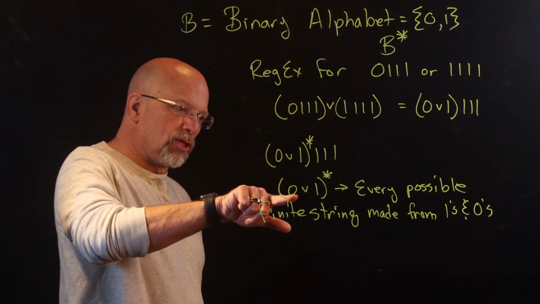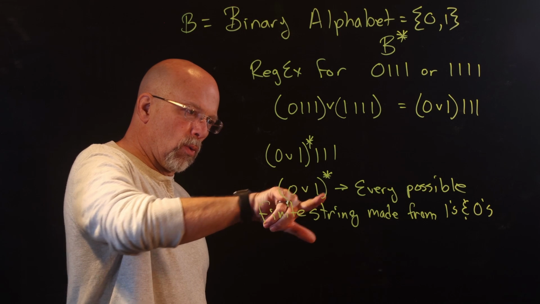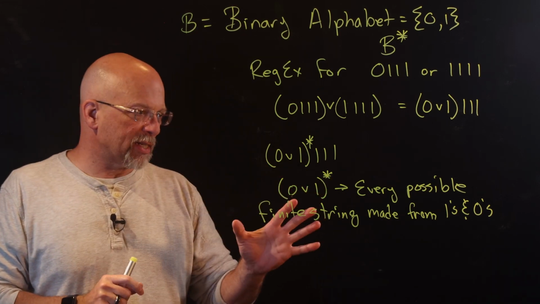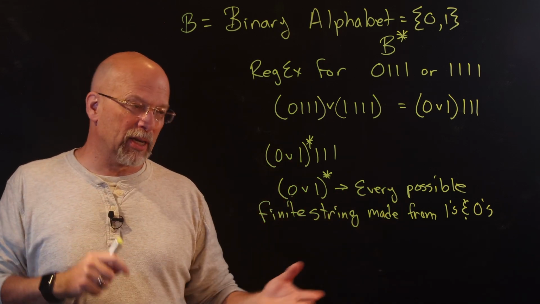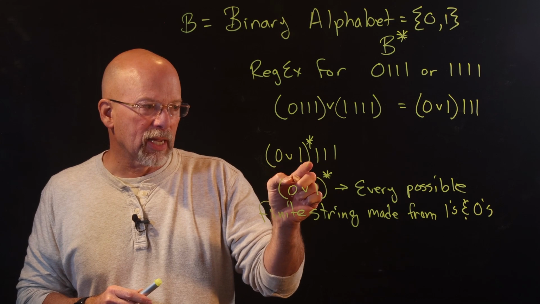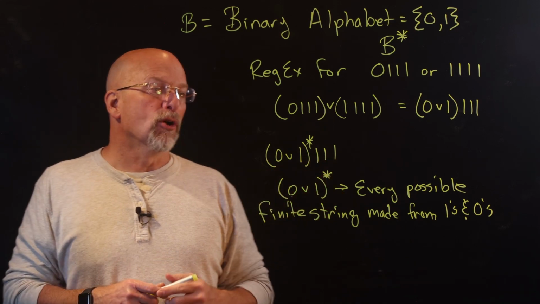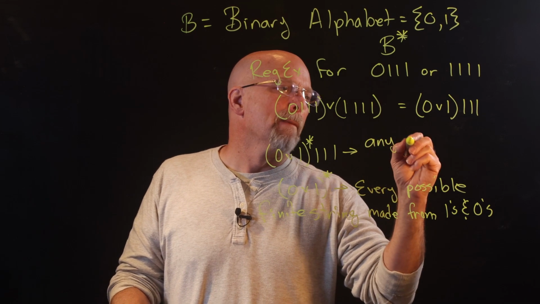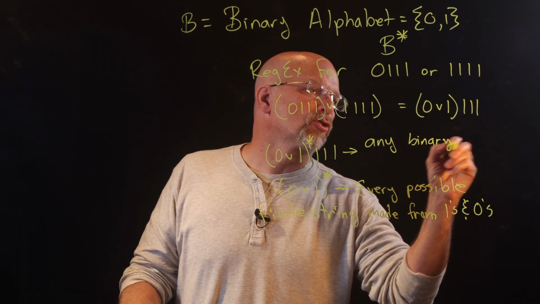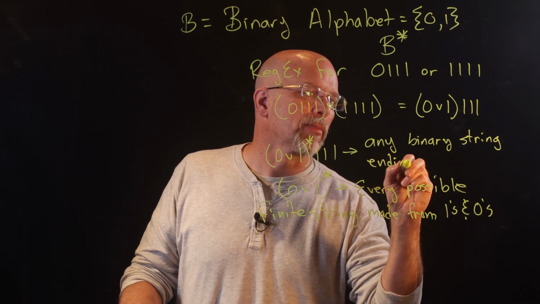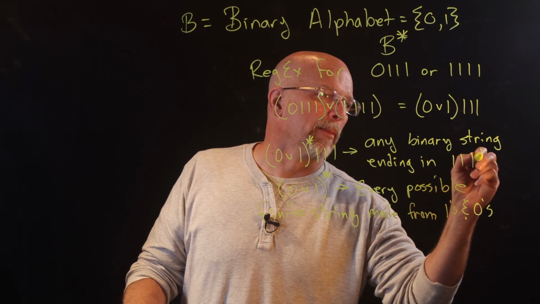So this 0 or 1, in parentheses with an asterisk, what that is saying is any possible combination of ones and zeros. And you can take any possible combination of ones and zeros, concatenate it with 1, 1, 1. You're basically saying this is any binary string ending in 1, 1, 1.